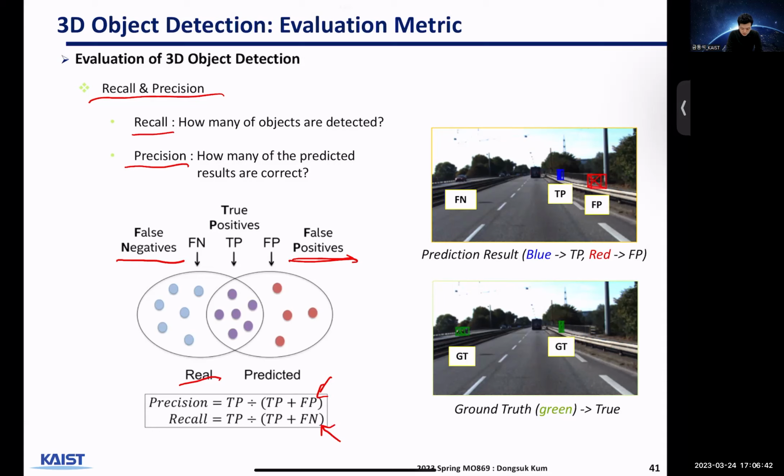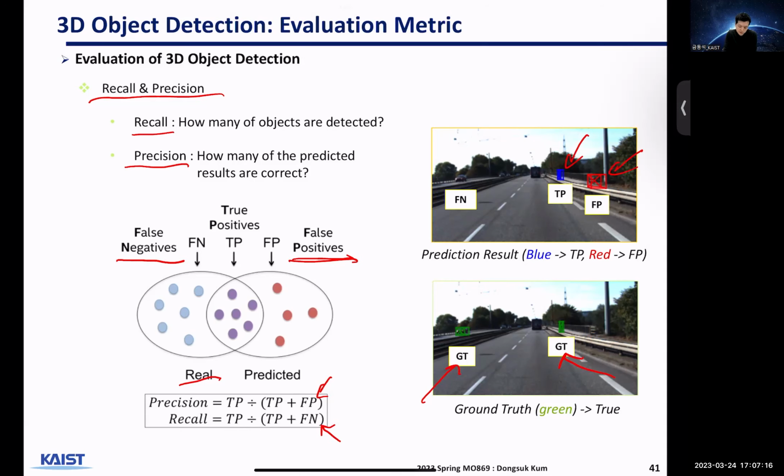So if you take a look at this figure on the right side, let's say there were these ground truth. We have 2 ground truth here and here, and let's say your predicted results have 2 bounding boxes that are shown here and here.